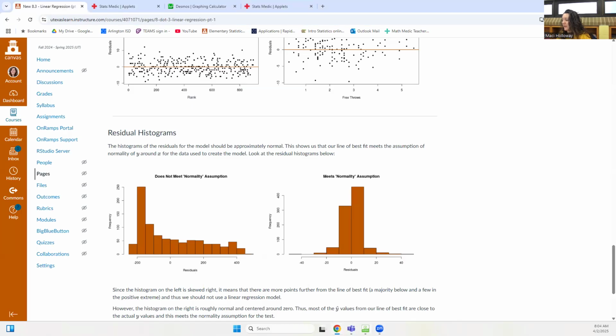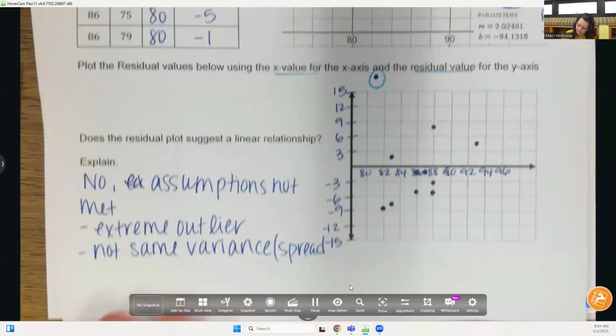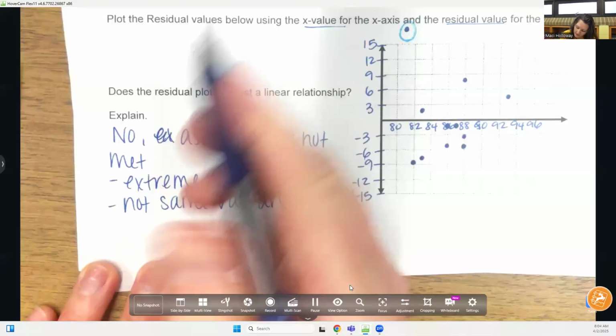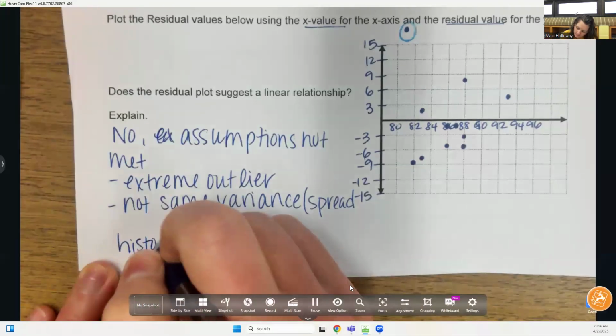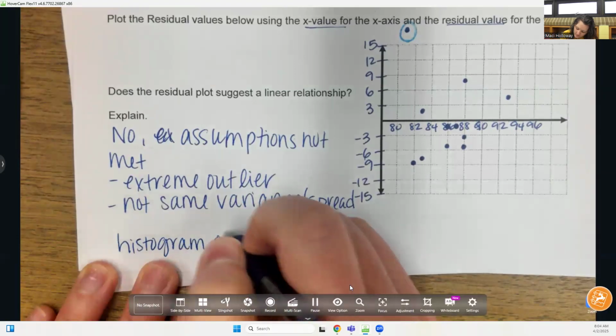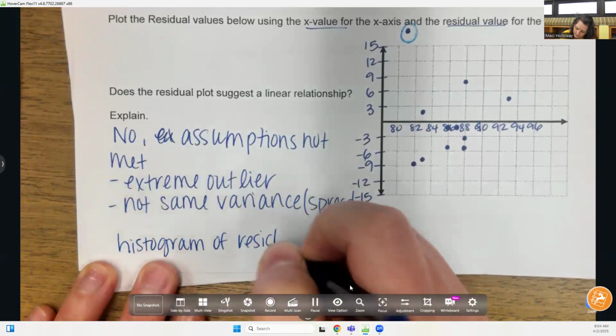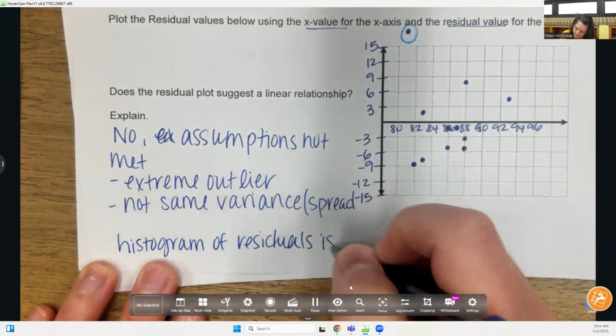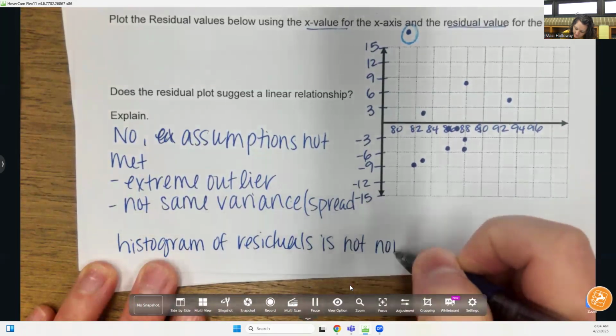So we can say on our plot here that our histogram of residuals is not normal.